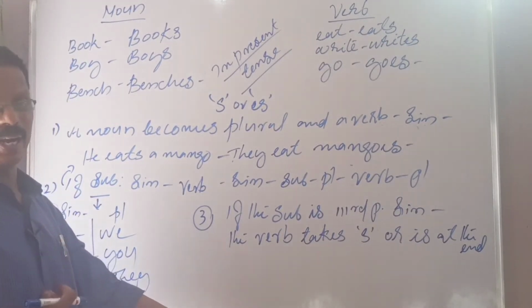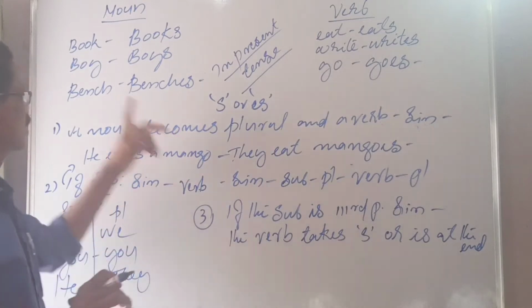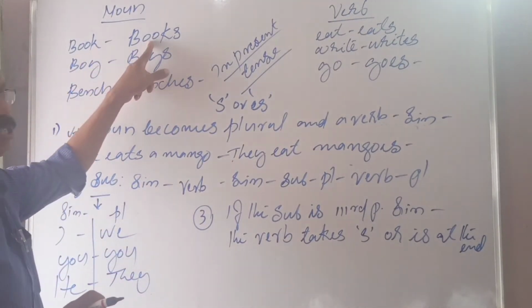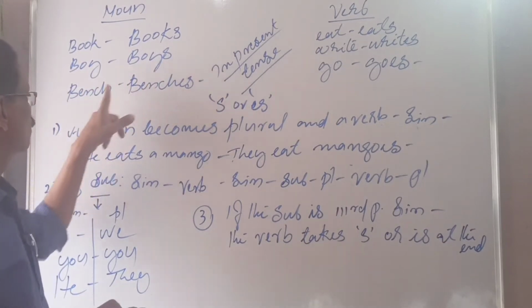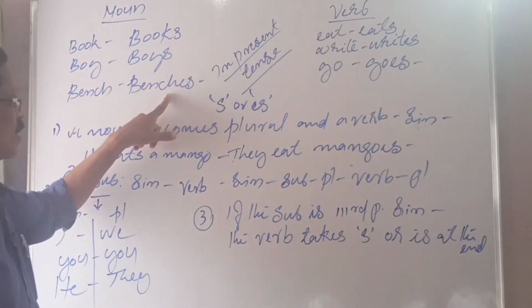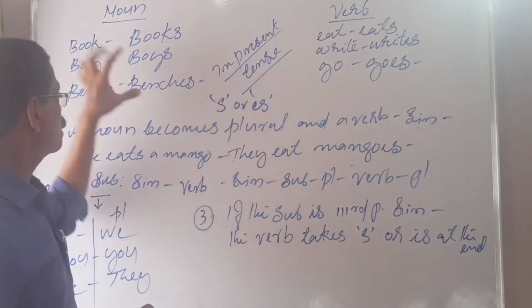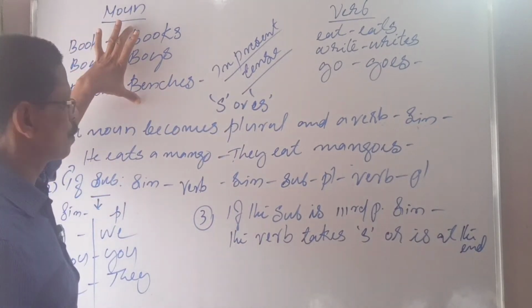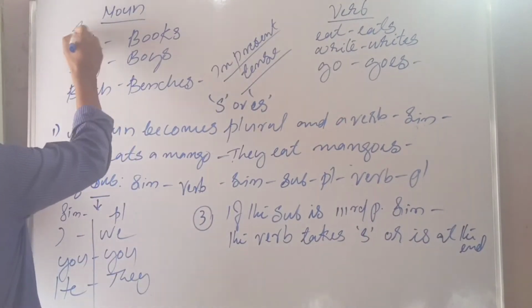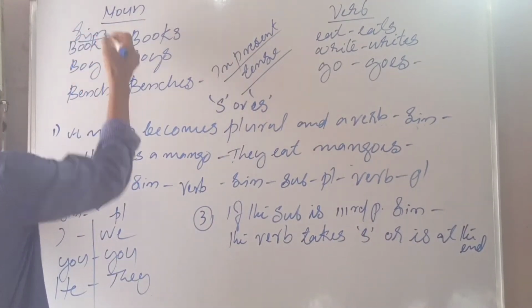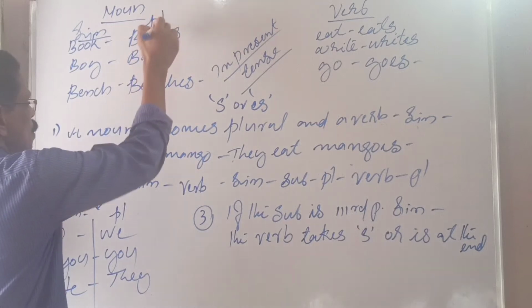Noun means naming word. Book, books. Boy, boys. Bench, benches. So what is the difference between this group and this group? Of course I know that you know it. This is all singulars. They are all plurals.